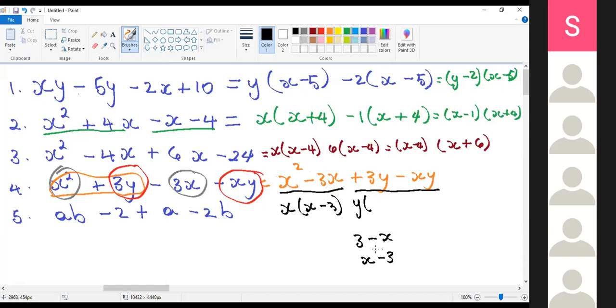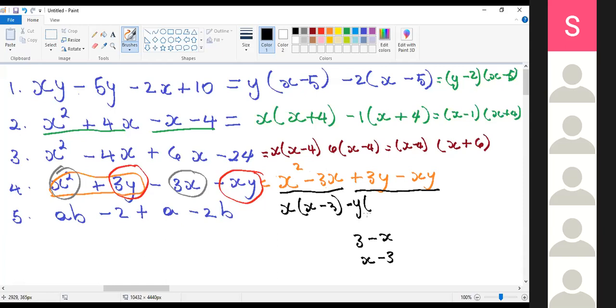In the first one, the 3 is positive and the x is negative. In the second one, the x is positive and the 3 is negative. So it means that you have a sign issue. It's not that you factored it wrong, you just have a sign issue. So instead of factoring out y, you correct for the sign issue by factoring out negative y.